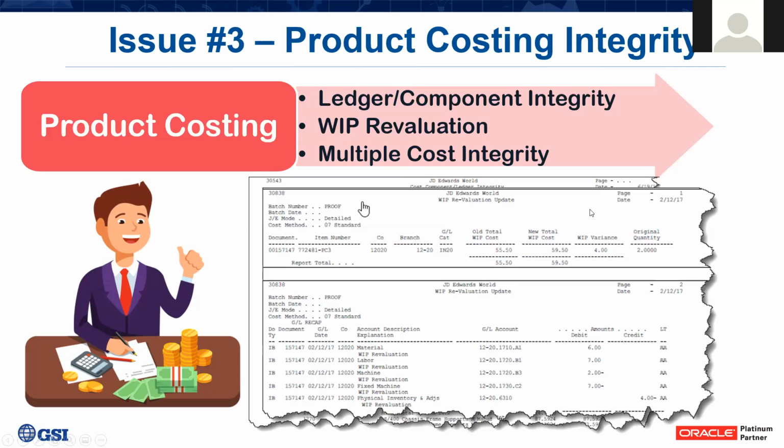Okay. Another thing that I have seen, and it can cause issues, is something called multiple cost problem. So in JD Edwards, in the cost table, you have, or can have, many different methods. So you can have an item that has an 01 last in cost, an 02 average cost, an 07 standard cost, an 08 purchase cost.